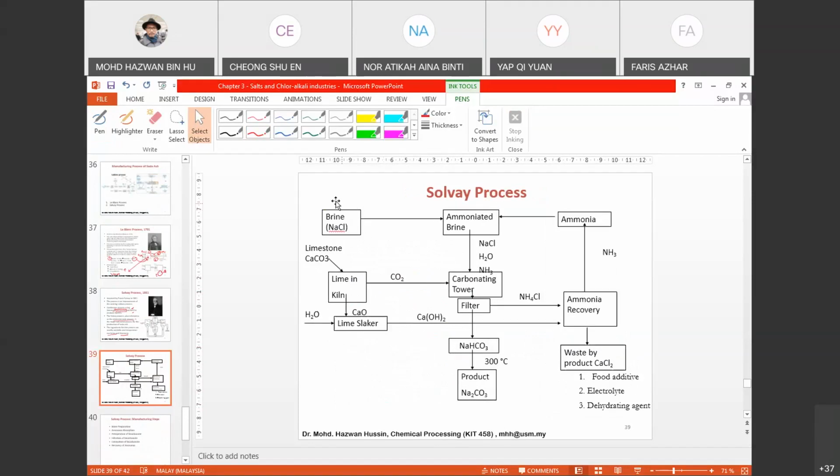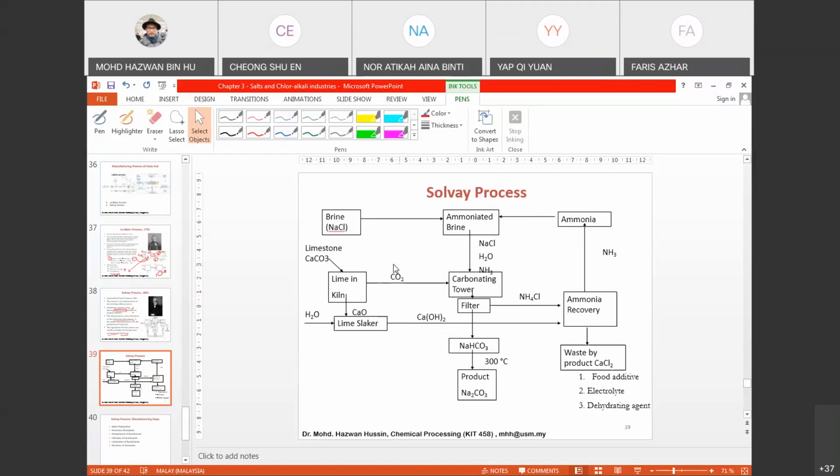You have brine solution reacted with ammonia in a tank, and this is called ammoniated brine solution. Okay, if it goes into a carbonating tower, what will happen next is that CO2 will be introduced.